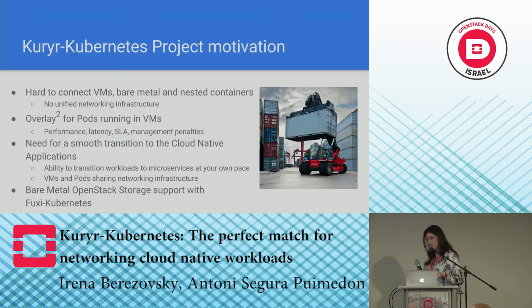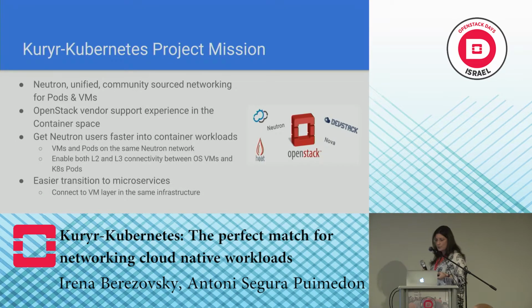Another piece that we are dealing with under Kuryr Kubernetes is the storage part, the Fuxi project, which will allow bare metal and OpenStack storage support for the containers. So the mission of the project is to provide Neutron-based unified networking that will allow connecting together containers, virtual machines, and bare metals. With Neutron, we have different backends already supporting Neutron APIs.